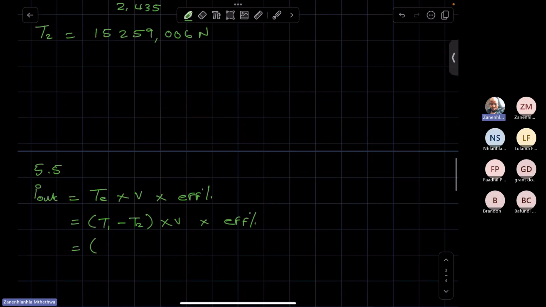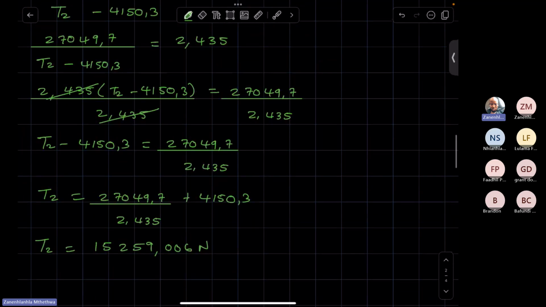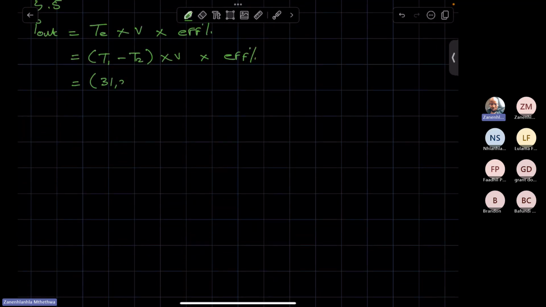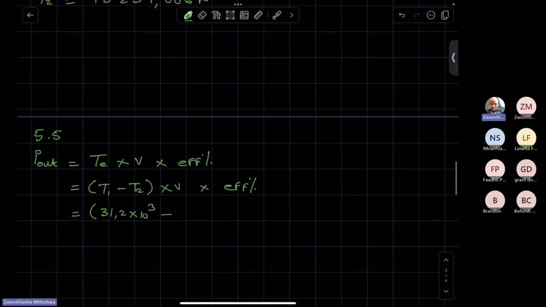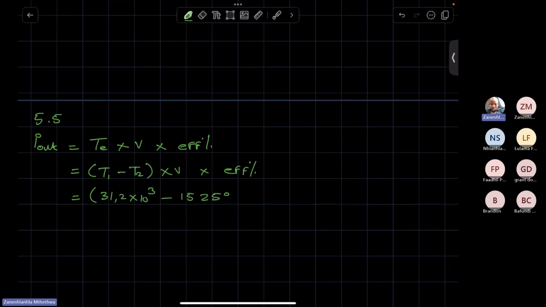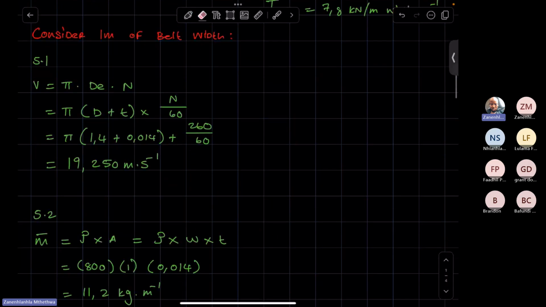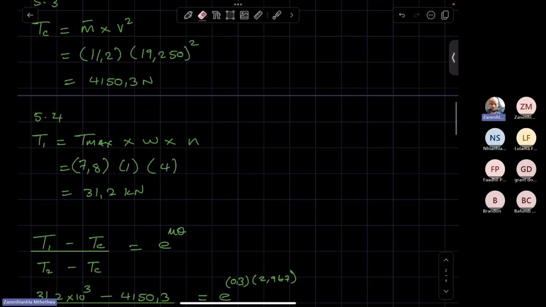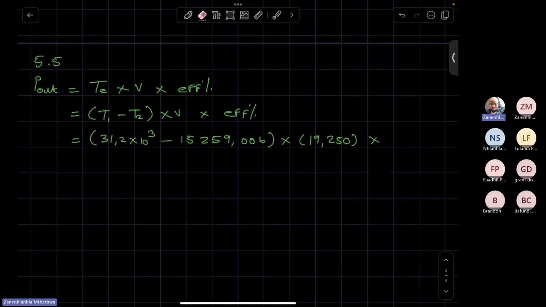So T1 is 31,2, that's 31,2 times 1,000, minus T2, which you just calculated, 15,259,006, times the velocity, which was 19,250, times the efficiency. Now the efficiency of the drive is 83%, which is the same as saying 0,83.